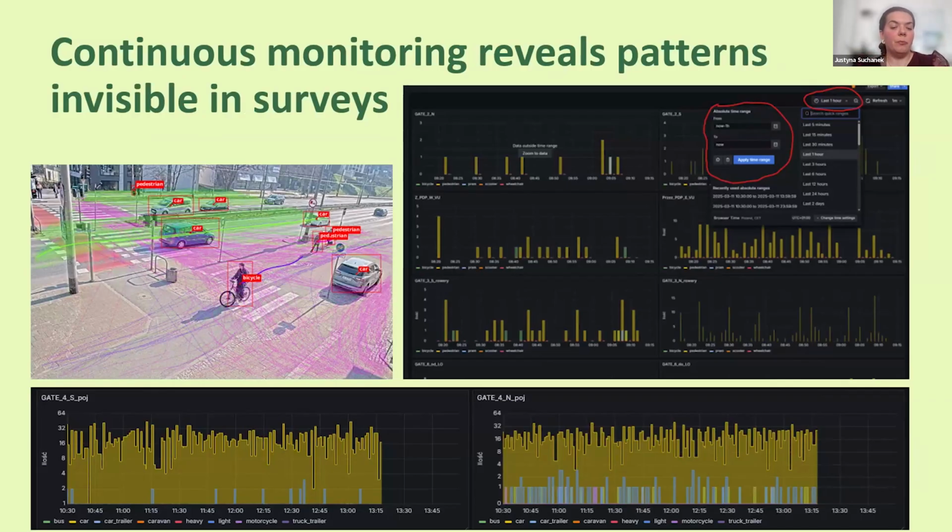For example, morning traffic looks different than afternoon traffic. These differences are important when you think about interventions, about safety, about the investment. And again, some of these patterns are simply not visible in surveys. We see it only in the real data.